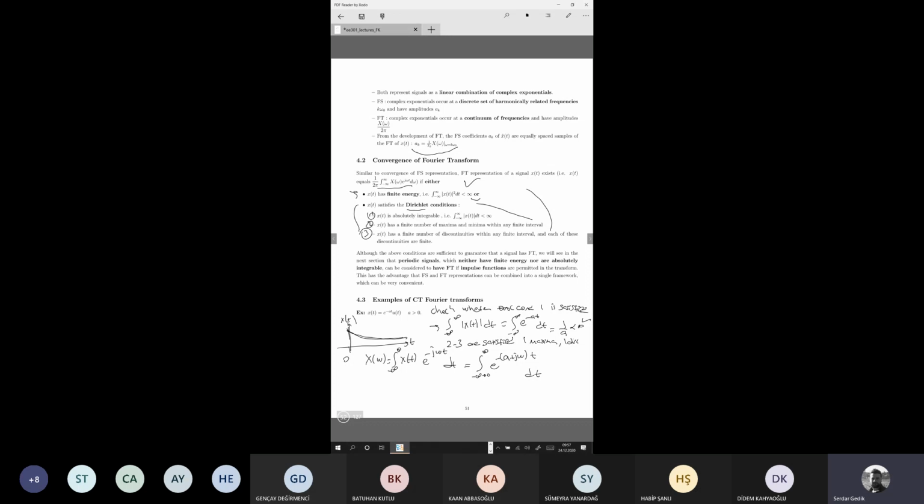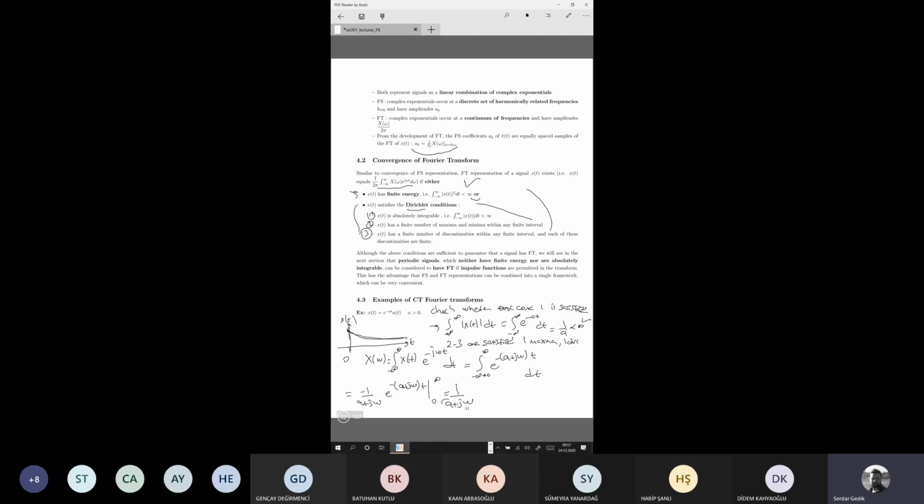If you calculate, it is minus 1 over (a plus j omega) times e to the power minus (a plus j omega) t from 0 to infinity, and it is 1 over (a plus j omega). So e to the power minus a t u(t) has Fourier transform 1 over (a plus j omega).